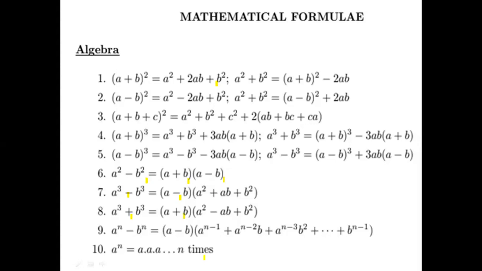Multiplication of numbers, up to n numbers, first to n: 1 into 2 into 3 into 4 up to n. This is multiplication of n numbers, which means n factorial.